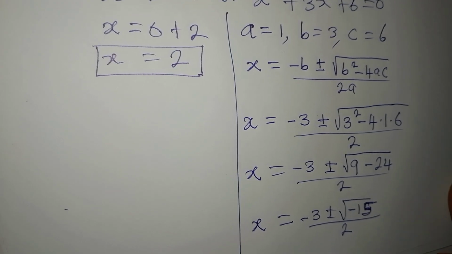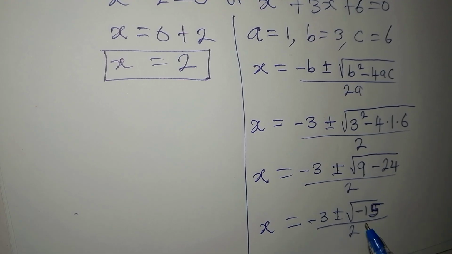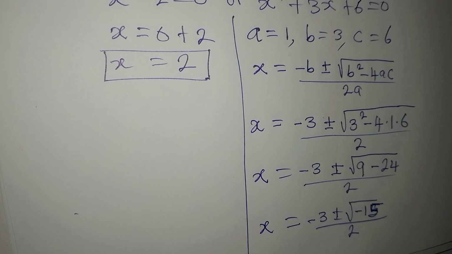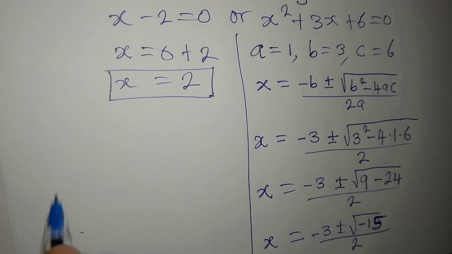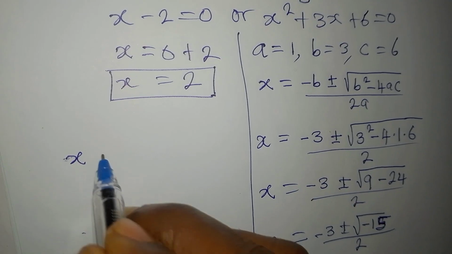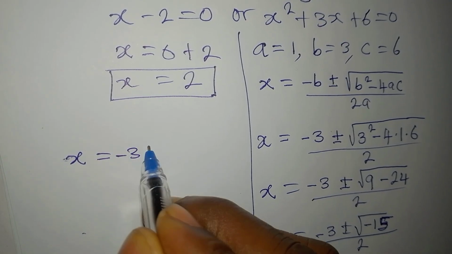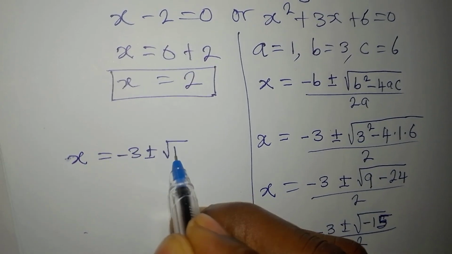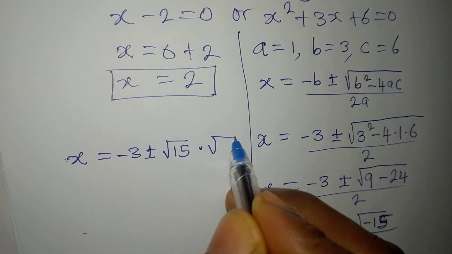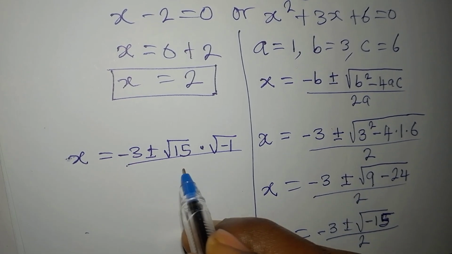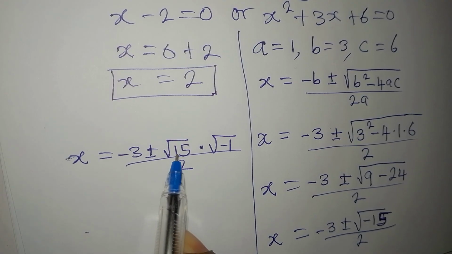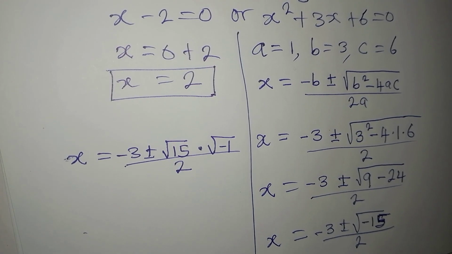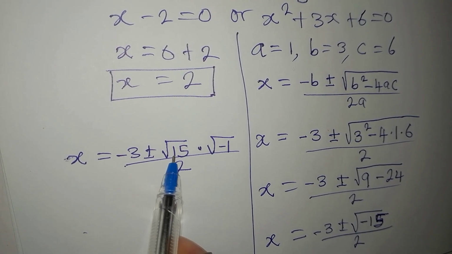Now, from here, it becomes impossible to find the square root of negative 15 using a calculator, but we can proceed by picking out this negative. So we'll have x equals minus 3 plus or minus square root of 15 multiplied by square root of negative 1, divided by 2. This way, I have picked out negative from 15. So if you want to find the square root of 15, it's now possible.